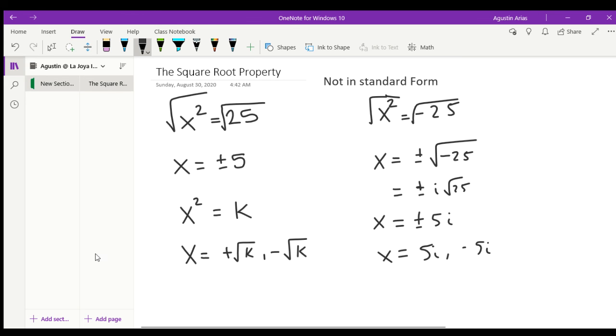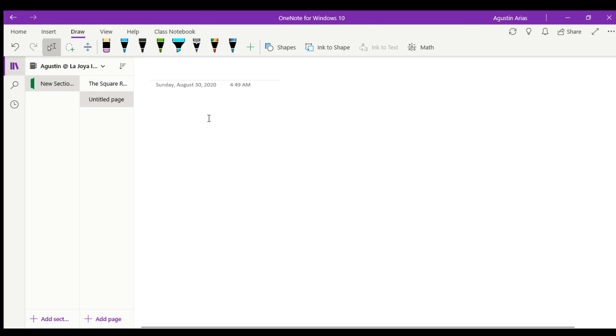Okay, here's another example. Let's say x squared minus 17 equals 0. So again, here you don't have a b term, bx. All I need to do is get this 17 over to the other side. Plus 17 on both sides. So x squared is equal to 17.